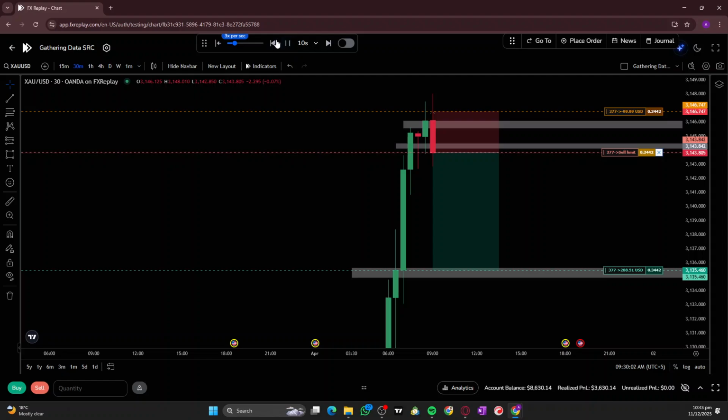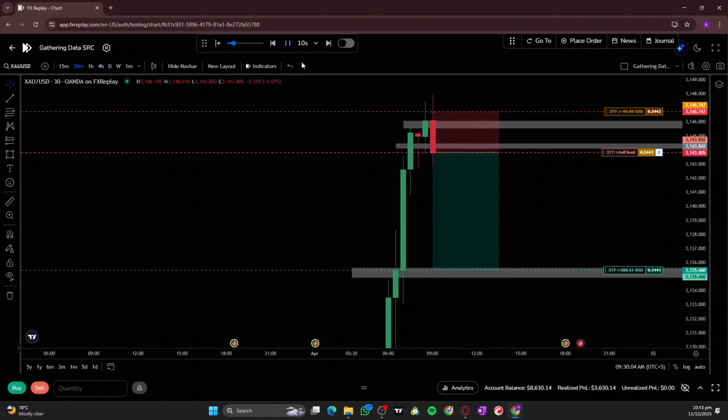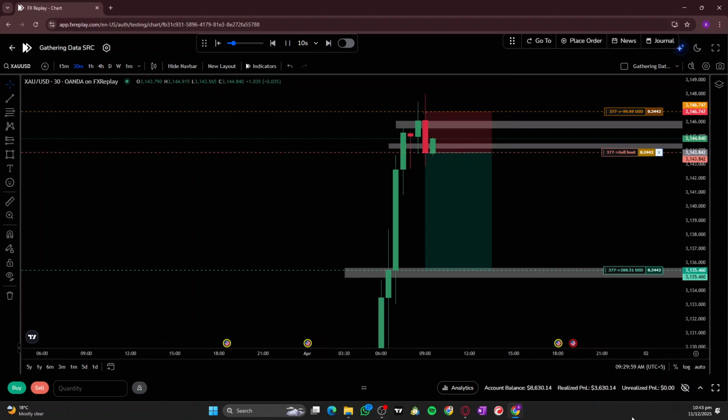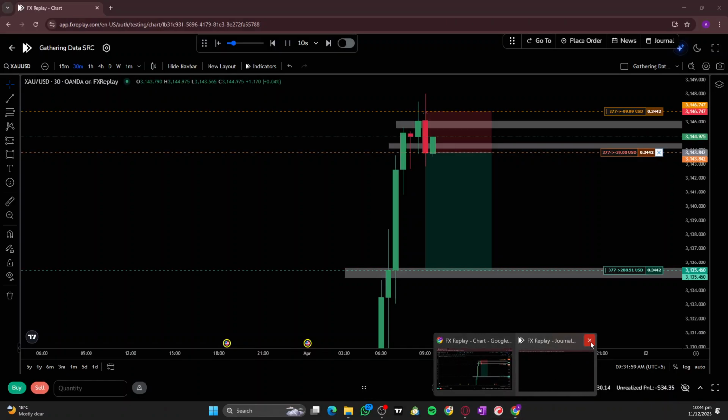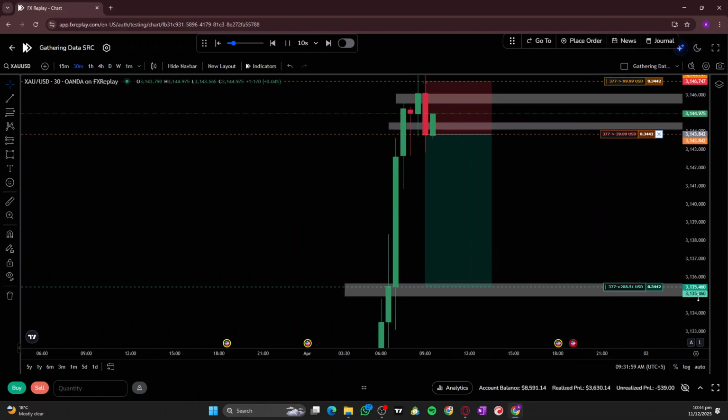Let's just see what happens. Why is this not moving? Price has started to retrace.